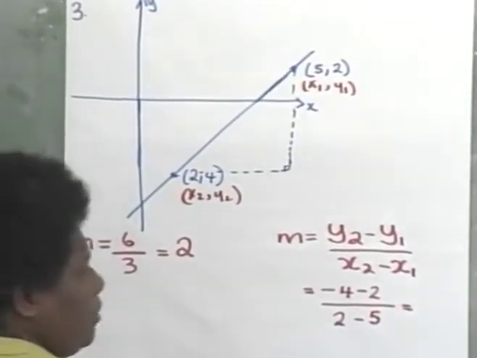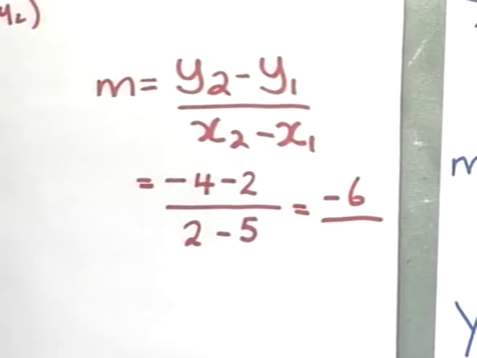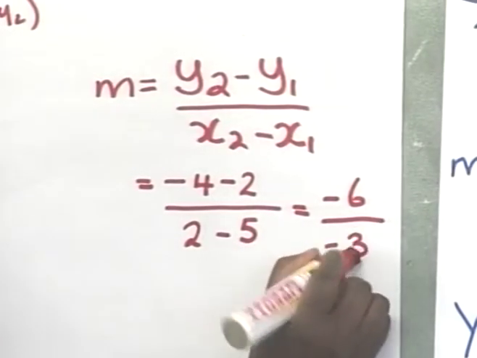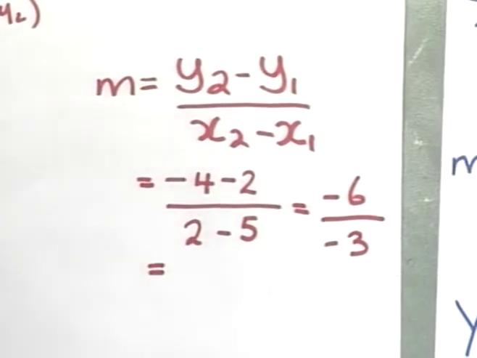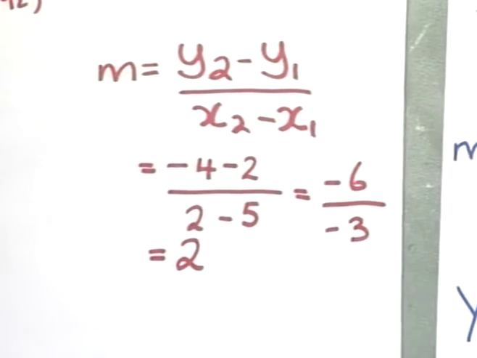Okay, minus 4 minus 2 is negative 6 and 2 minus 5 is negative 3. So negative 6 on negative 3 is positive 2.